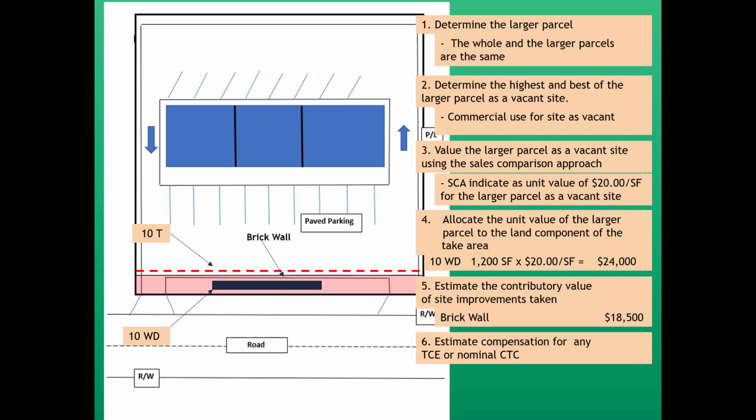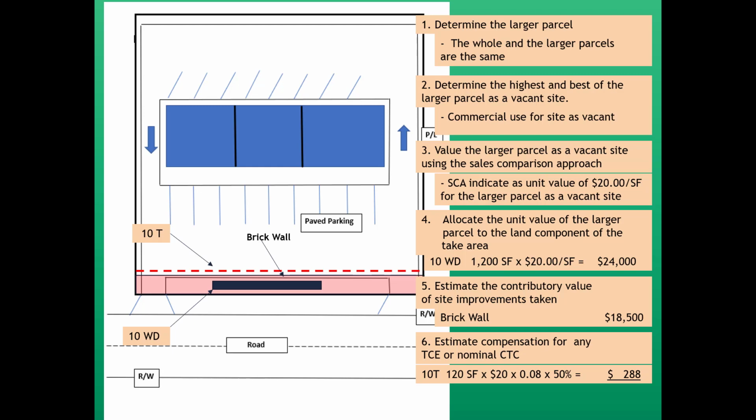Then we're going to estimate compensation for any temporary construction easements or nominal cost to cure. The temporary, we're going to assume, had 120 square feet in it. We're going to value it at $20 per square foot. That's going to give us value. We're then going to take that value and we're going to capitalize it at 8%, which gives us the annual rent.